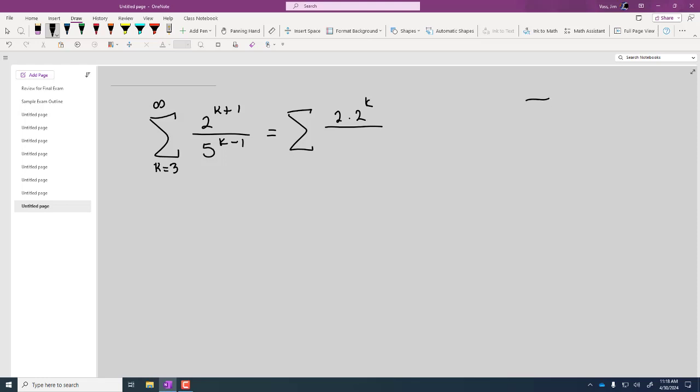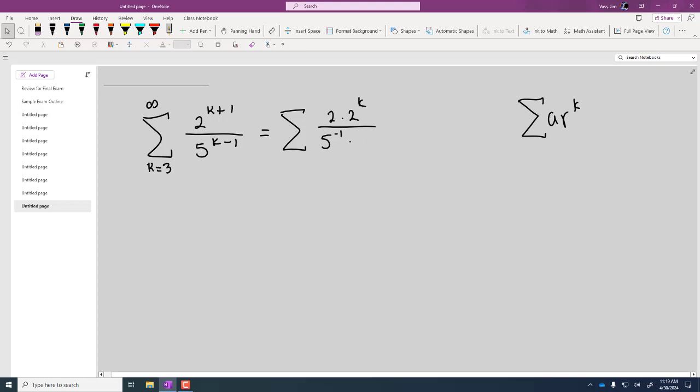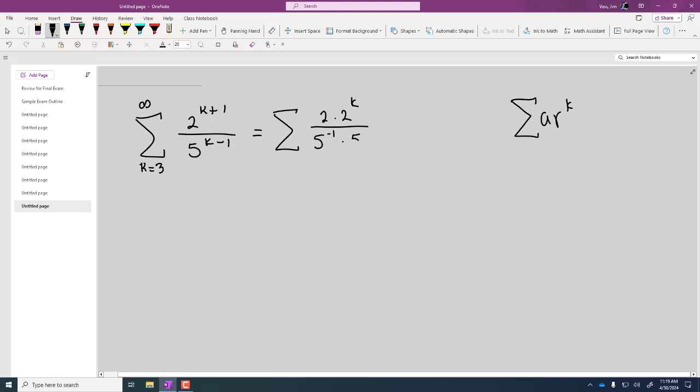Your geometric series form is the a r to the k form. So we want the exponent on r to be just k. So we have to do whatever massaging necessary so that the exponent is just k. And then here, we're thinking of this as 5 to the negative 1 times 5 to the k. And this starts at 3.